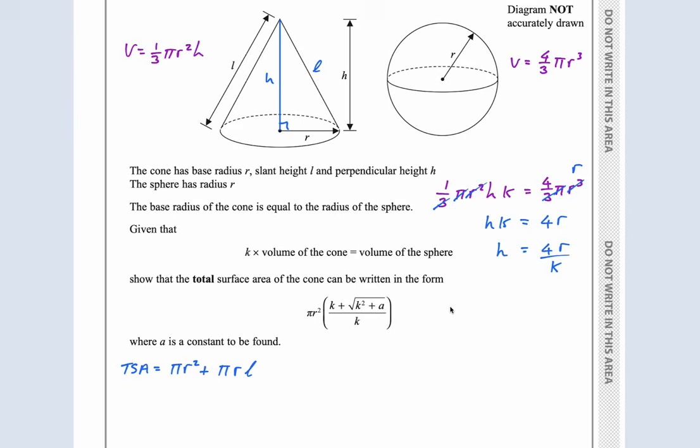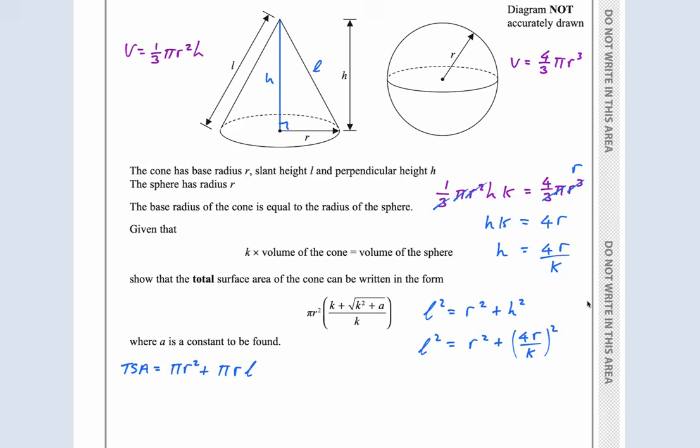I can say L squared is equal to r squared plus h squared. And then I can write L squared as r squared plus h squared, which is this. So 4r over k all squared.